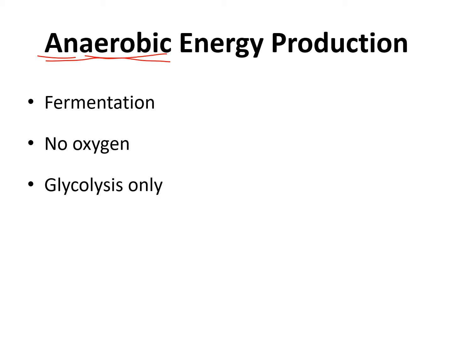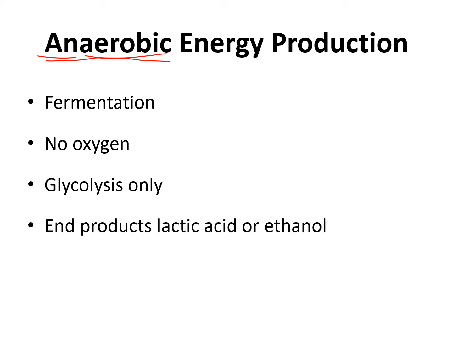And this is basically a type of glycolysis. So no Krebs cycle is involved and also no electron transport chain. The end products of different types of fermentation can be lactic acid or ethanol. And during this process, 1 glucose molecule will produce only 2 ATP molecules.